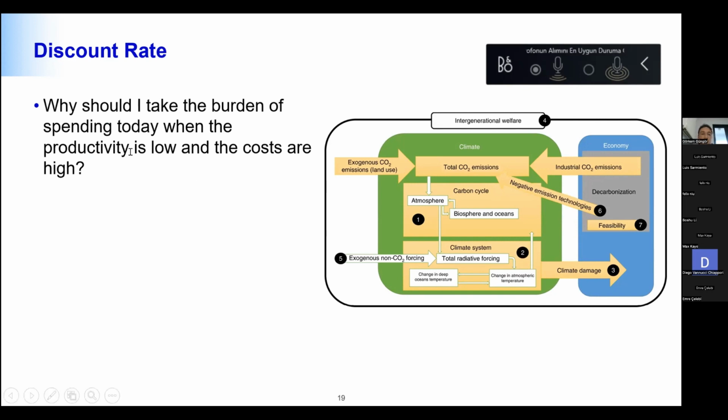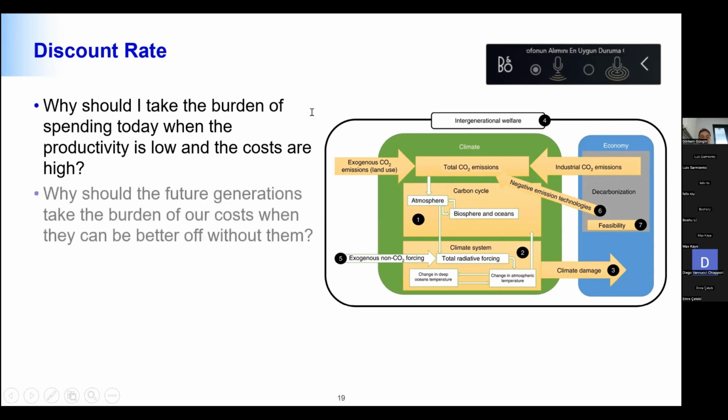This is based on the idea that future generations would be better off than our generation because they will have the fruits of innovation and technology, and they could better solve these problems with much lower costs. But the second question is, why should the future generations take the burden of our decisions, our costs, when they can be much better off without them?